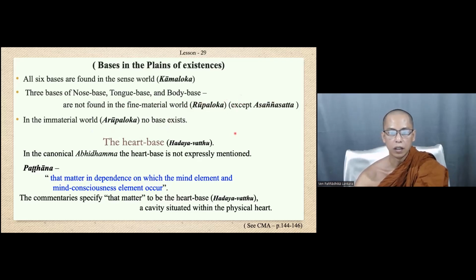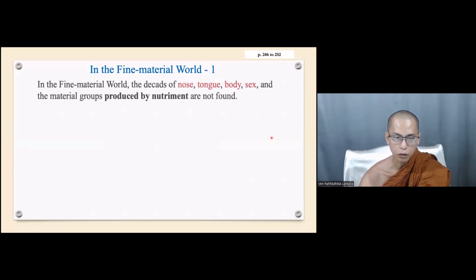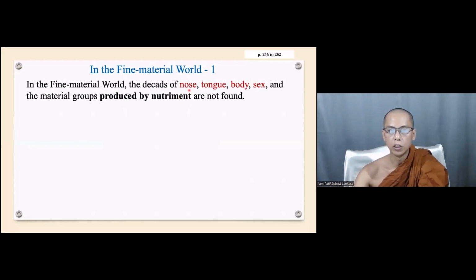So based upon this information, we will continue to study the occurrence of materiality in the 5 material sphere world. So in the 5 material sphere world, the decades of nose, tongue, body, and sex are not found, both at the moment of rebirth linking and also during the course of existence. We cannot find these decades.